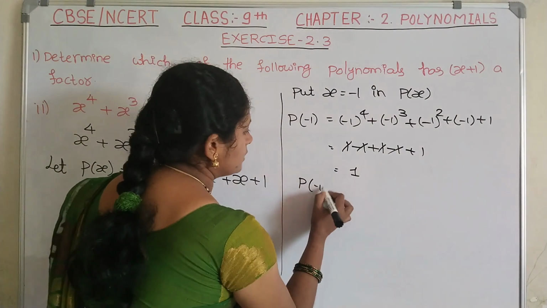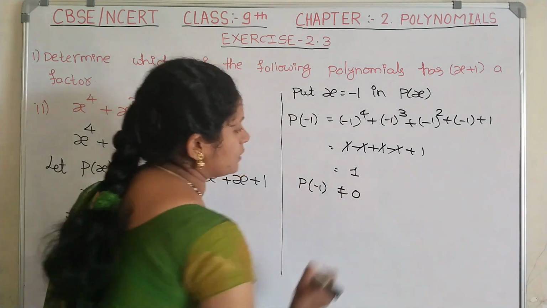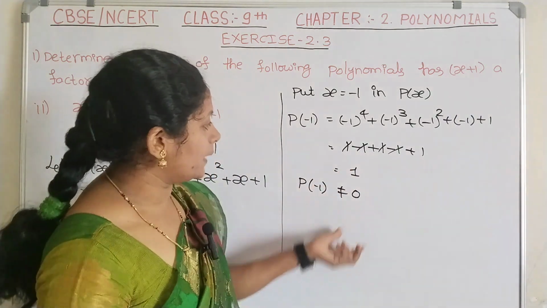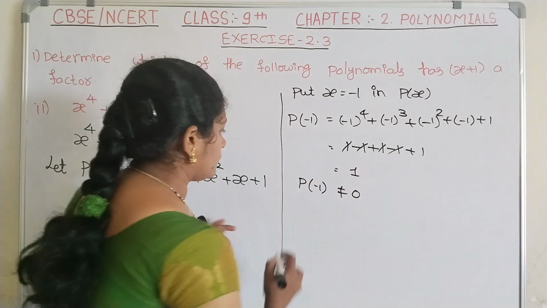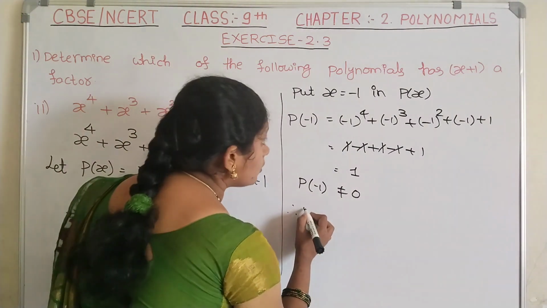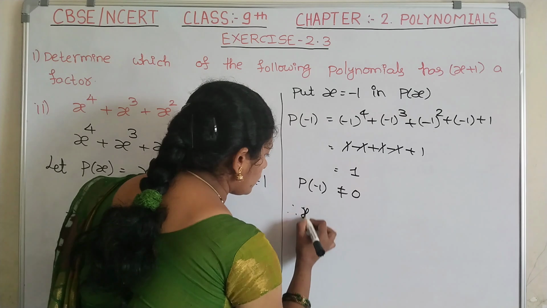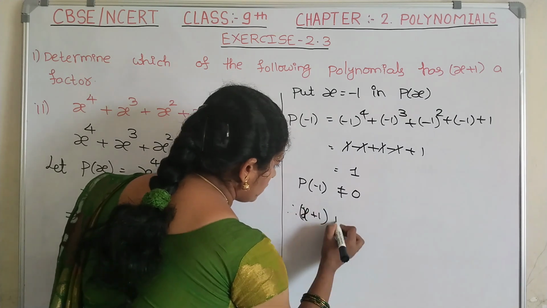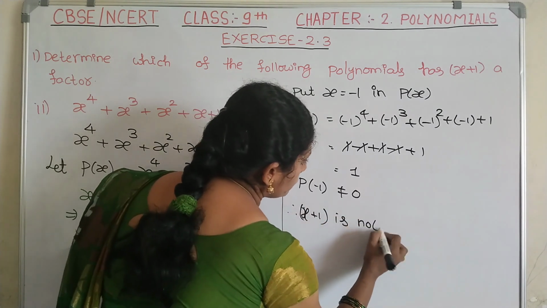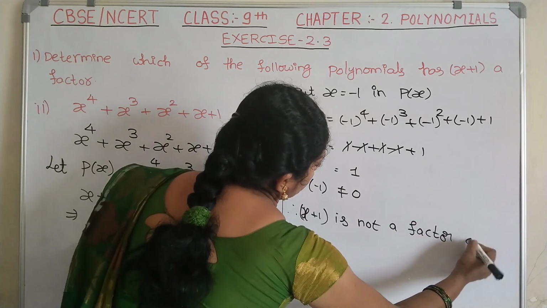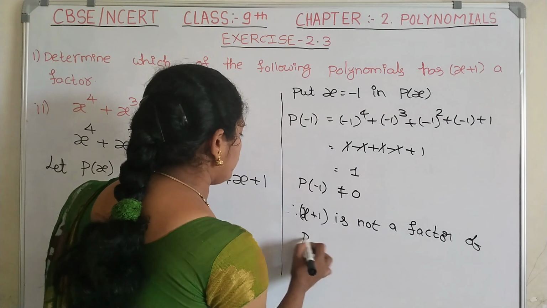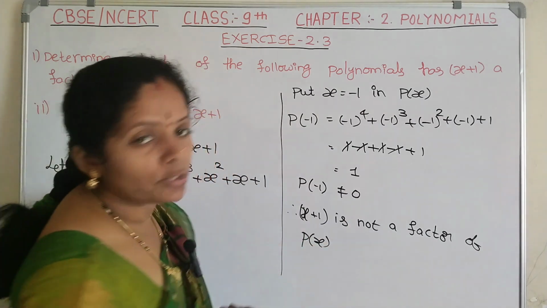Means p of minus 1 is not equal to 0. We got 1. That's why x plus 1 is not a factor. Therefore, x plus 1 is not a factor of p of x, or you can write the polynomial here.